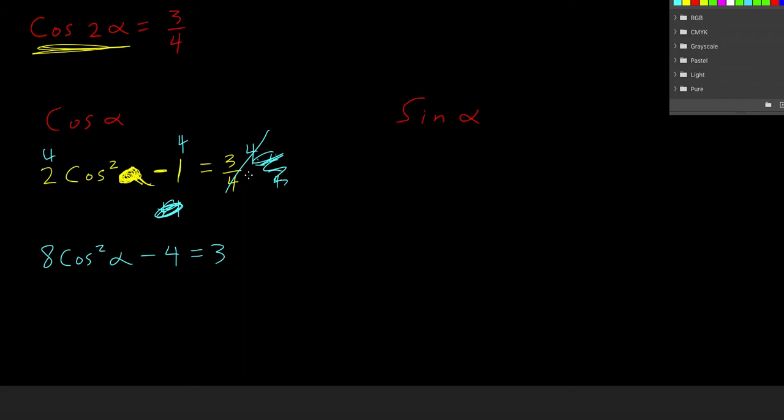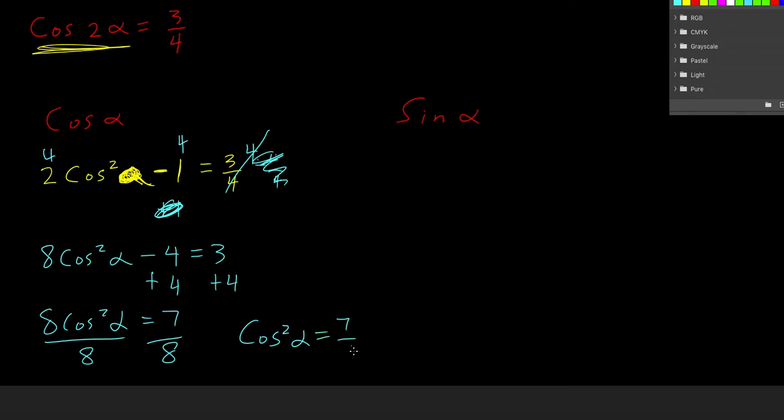So those 4's cancel. Okay, so we add 4, 8 cosine squared alpha is equal to 7. We divide both sides by 8. Cosine squared alpha is equal to 7/8.